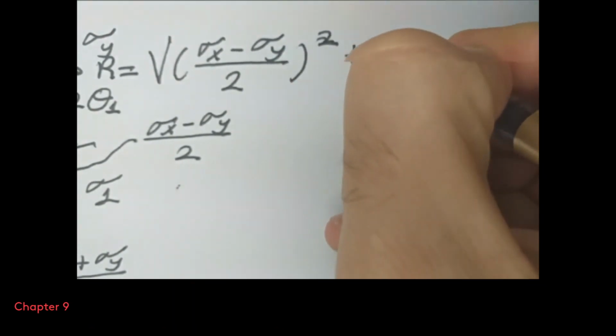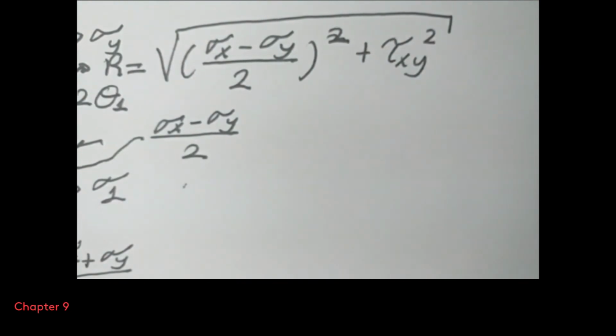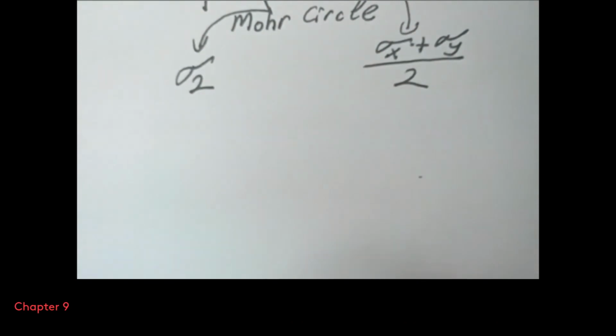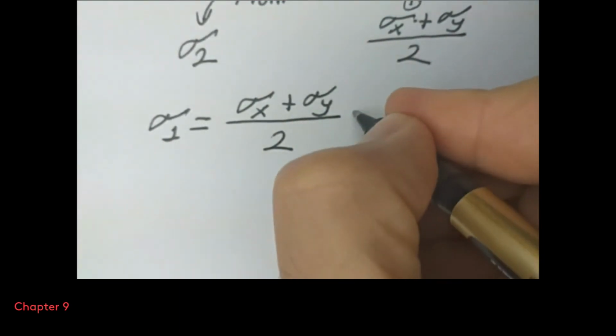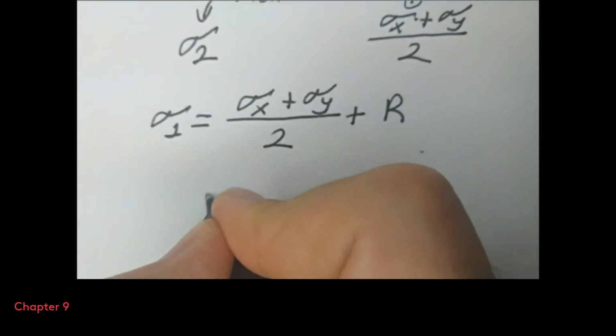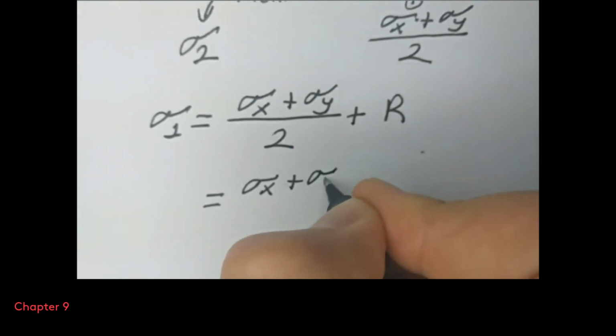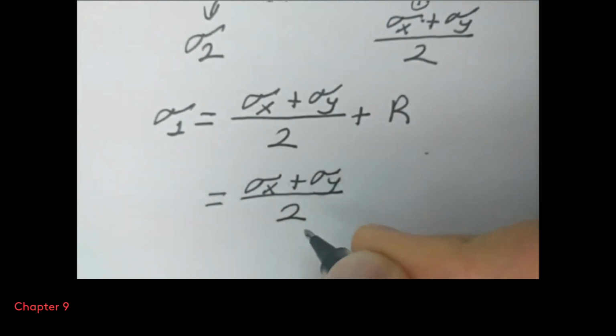Now I can easily calculate sigma 1. Sigma 1 is equal to sigma x plus sigma y divided by 2 plus r, or in other words, sigma x plus sigma y divided by 2 plus the square root of sigma x minus sigma y divided by 2 squared plus tau xy squared.